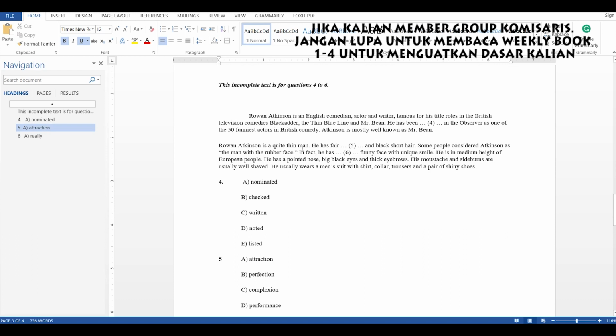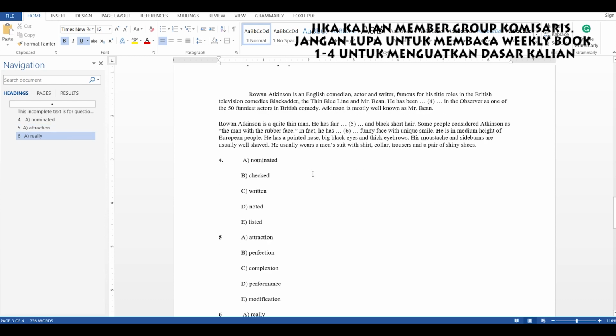Okay, back to the question. If you find a text like this, you don't need to read the whole text again, you just read the sentence before and the sentence where you should fill in the answer. If you do it this way, you also need less than 10 seconds.